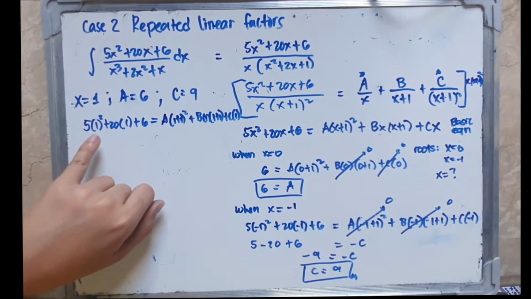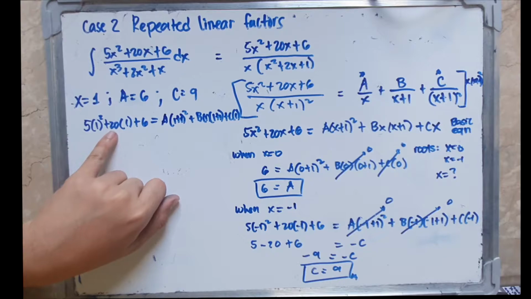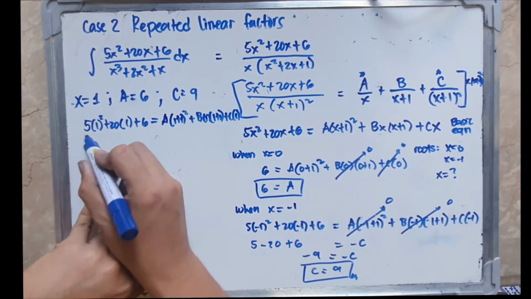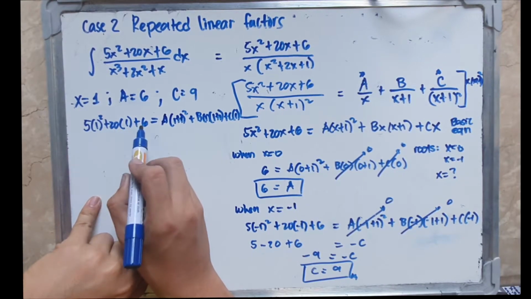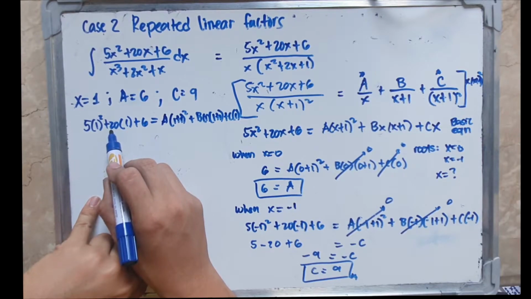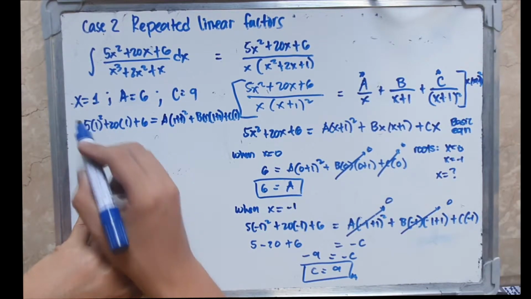Let's start here first. So we have 5 plus 6 is 11, plus 20, we have 31.